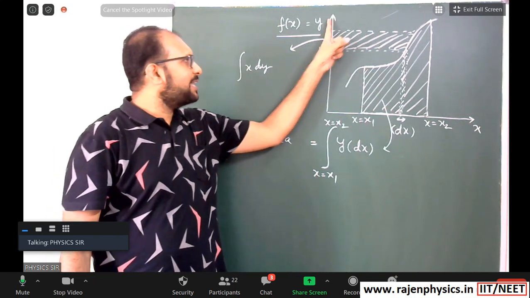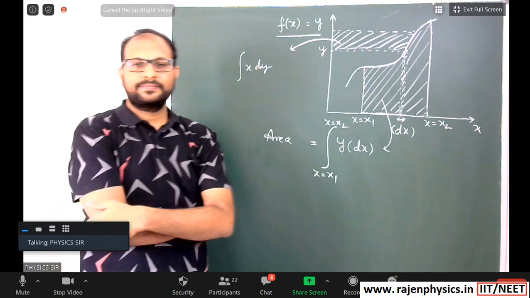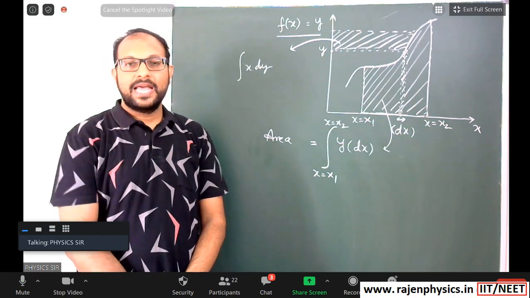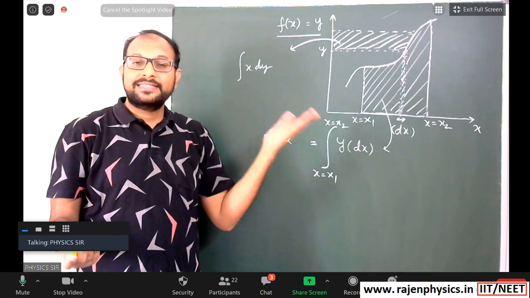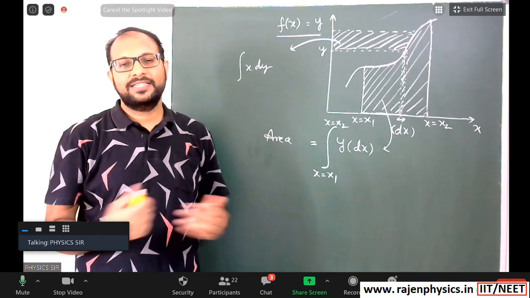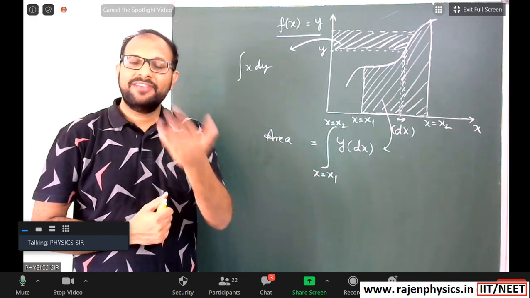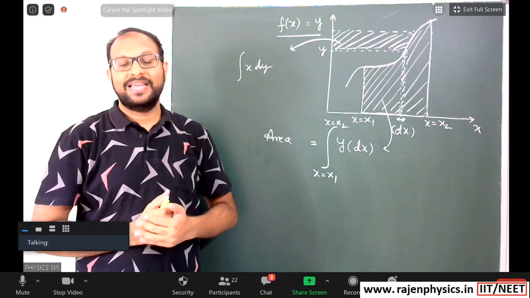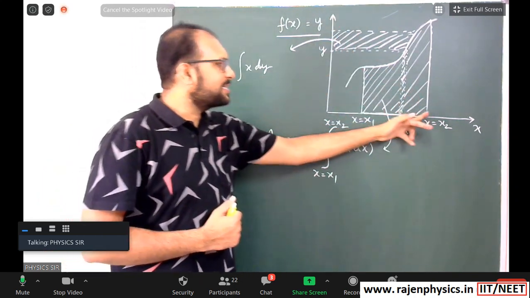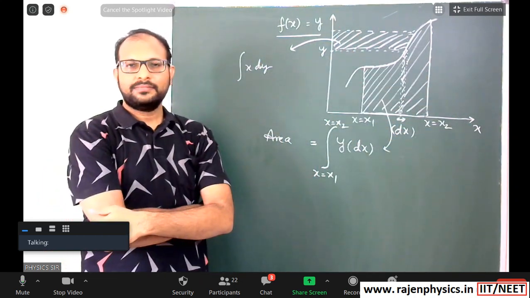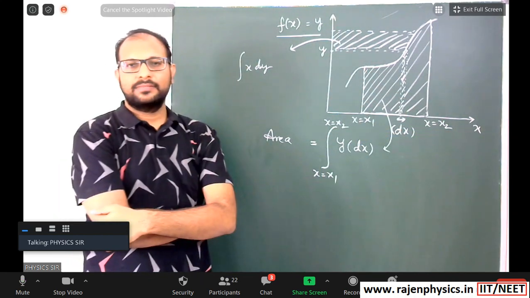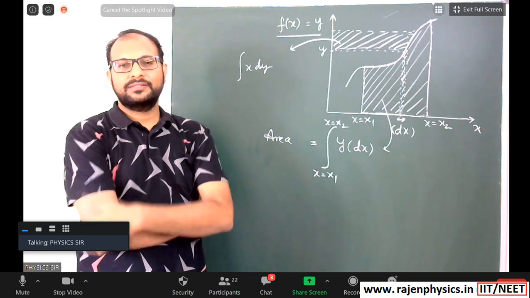Suppose this is acceleration, this is time. The area under the acceleration versus time graph is the change in velocity, so you can calculate it. Like that, many examples: suppose force versus position.